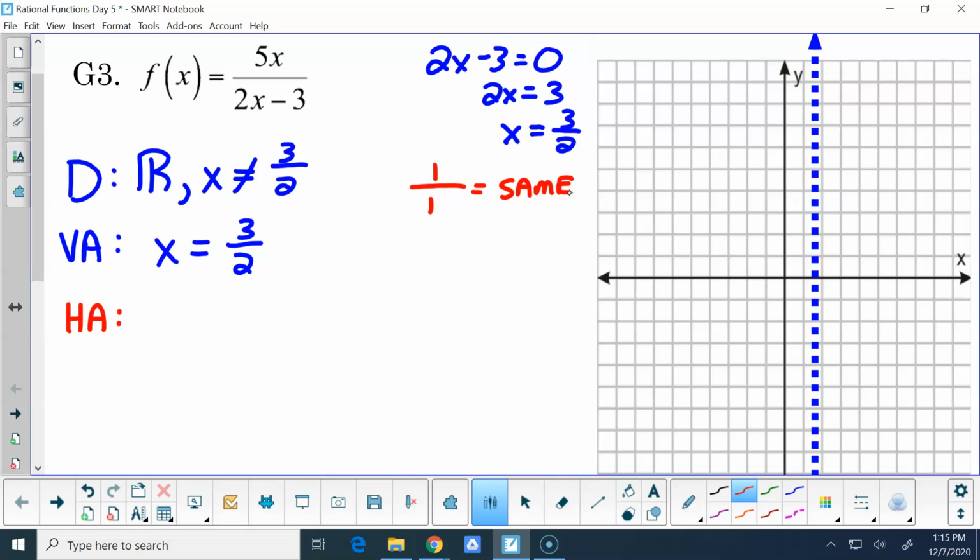So when it's the same, if the top is bigger, there's no horizontal asymptote. If the bottom is bigger, the horizontal asymptote is y equals 0. But if it's the same, then what? If they're the same, like we have in this case, what's the horizontal asymptote?